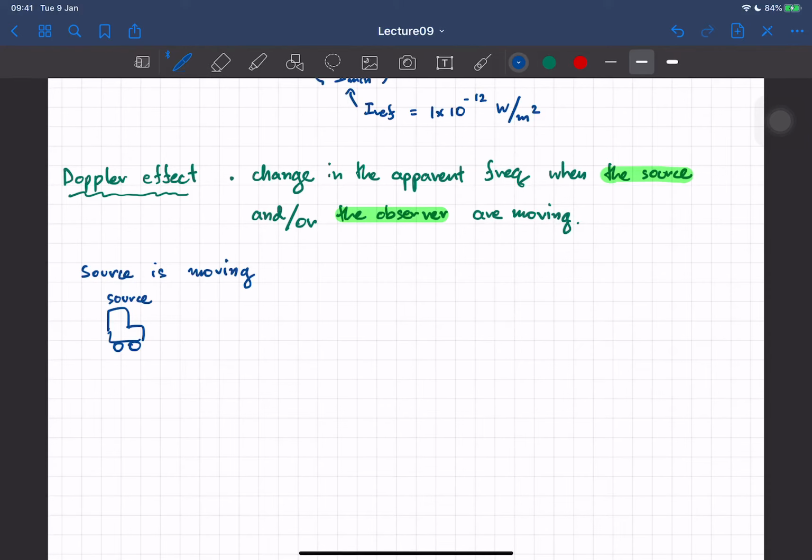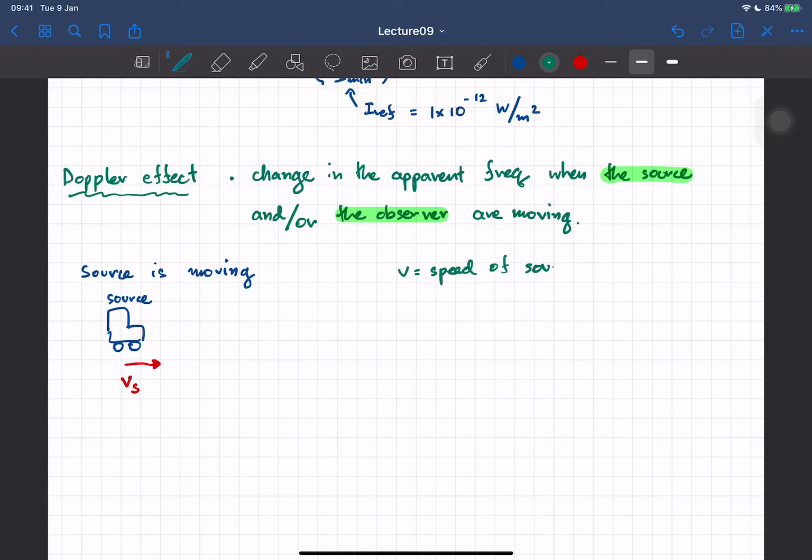Let's say the ambulance is moving to the right with velocity given by Vs. Subscript S does not mean the speed of sound, it is the speed of the source. The speed of sound will use just V. Let me write it here. V is the speed of sound.